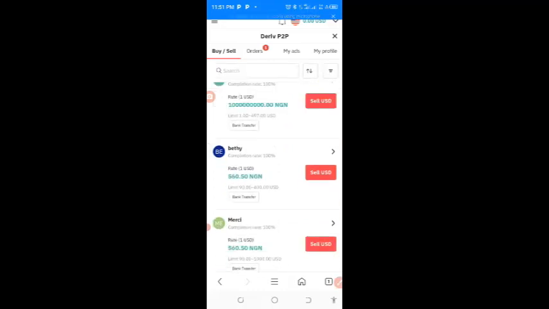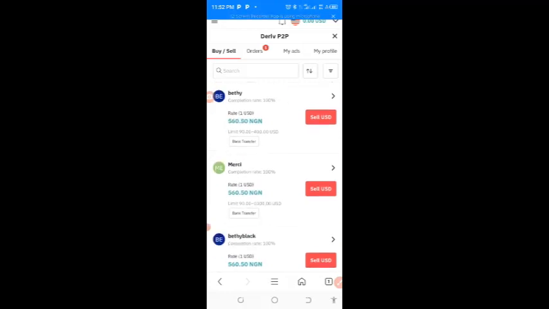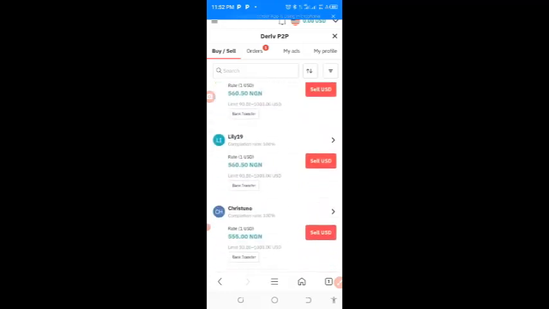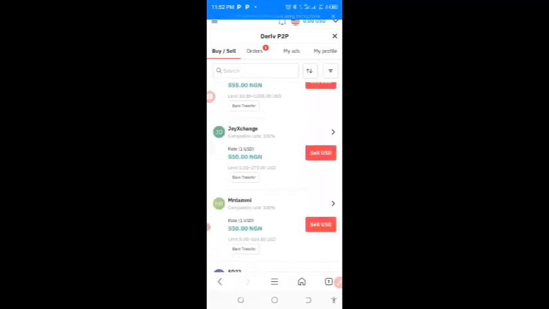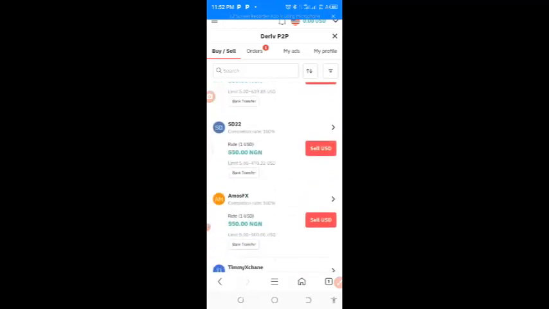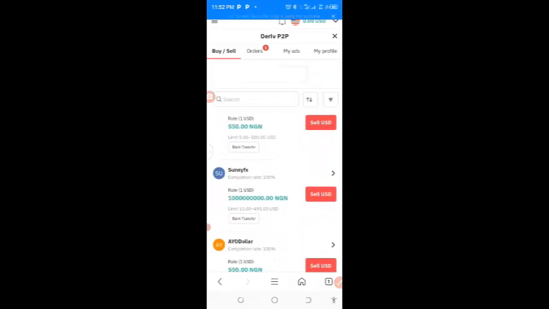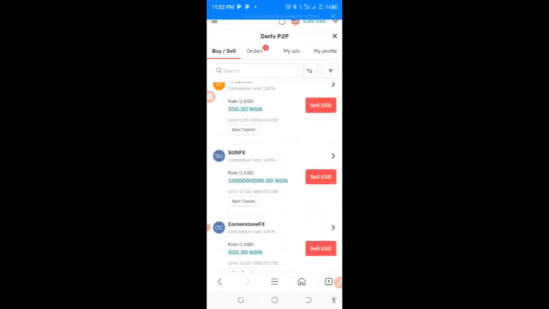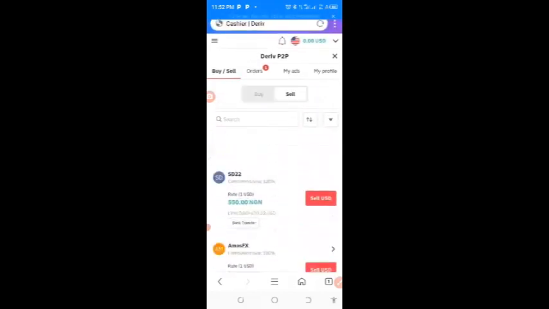This one has a limit of $90 to $400. All this one they want to sell. If you want to buy your own, you can look for the lower one there, so you buy it immediately.